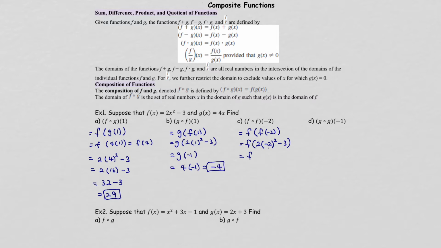So negative 2 squared is 4, times 2 is 8, minus 3 is 5. That gives you 2 times 5 squared minus 3, which is 5 squared is 25, times 2 is 50, minus 3 is 47. That's what you do, right?